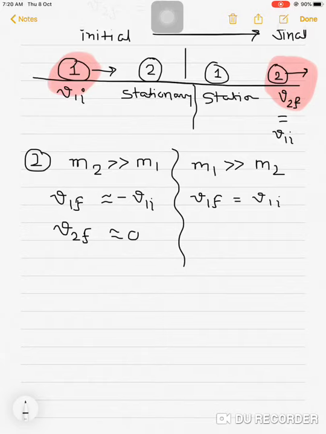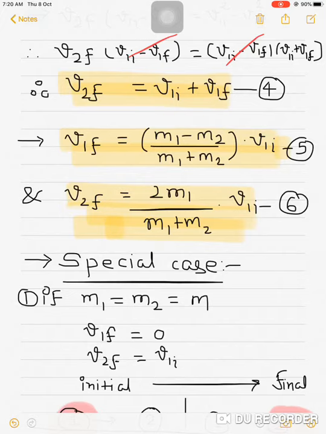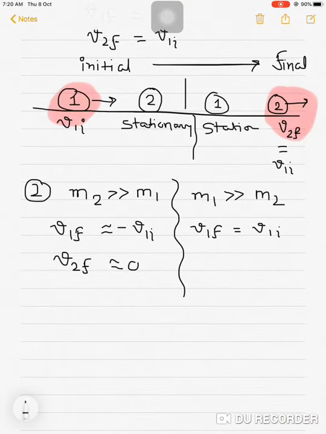But what about v2f? v2f will be 2 times v1i, because here we consider that m1 is very high and m2 is negligible, and therefore v2f, which was earlier stationary, becomes 2 times v1i. So these are the special cases of elastic and inelastic collision in one dimension.